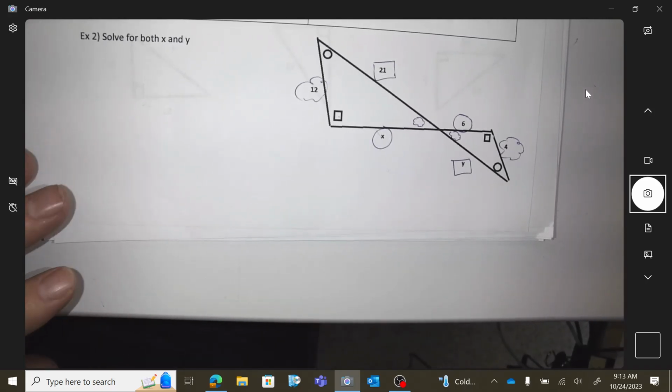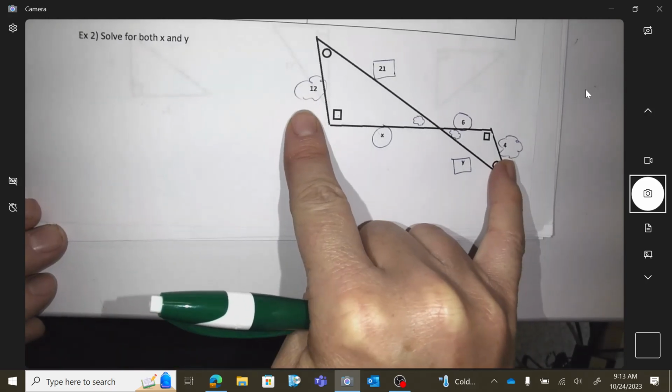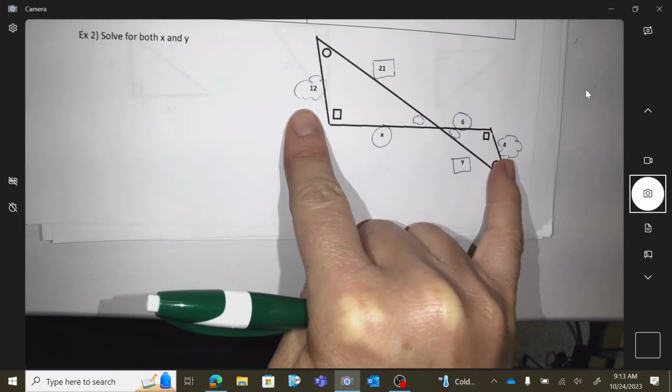Okay, so which two am I going to use? I'm going to pair 12 and 4 because those are two numbers.